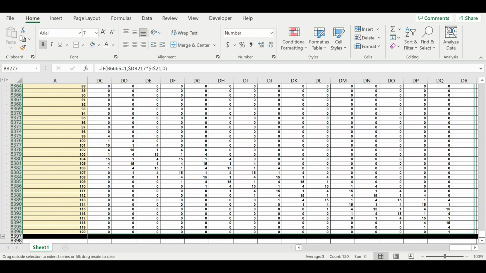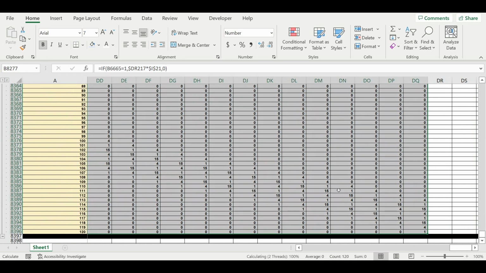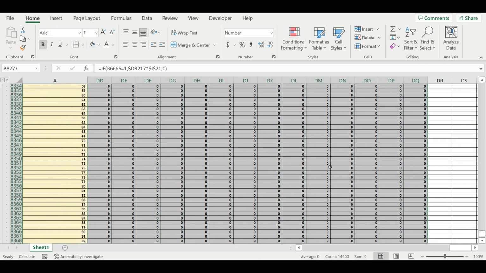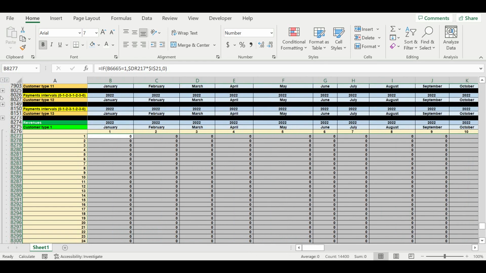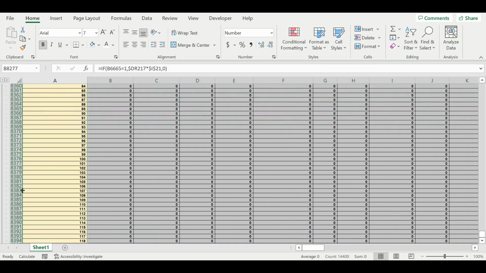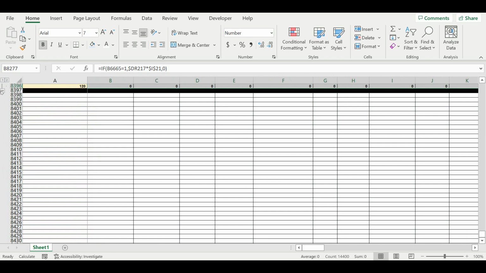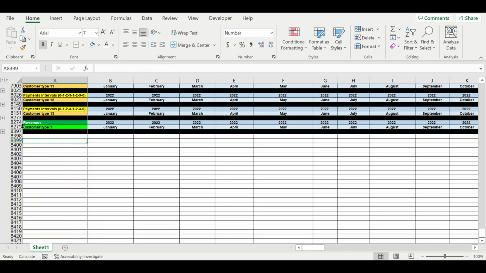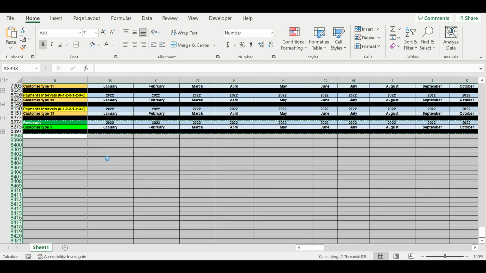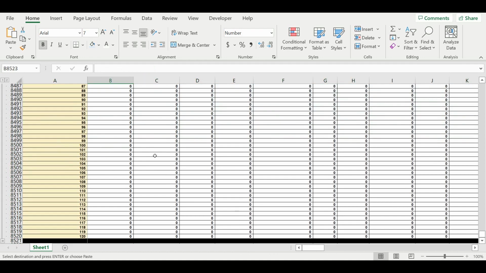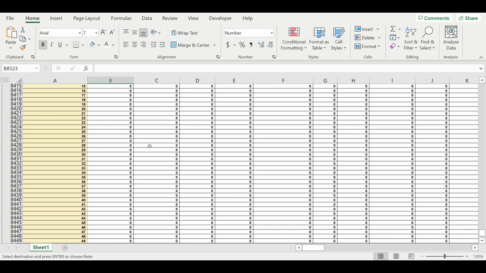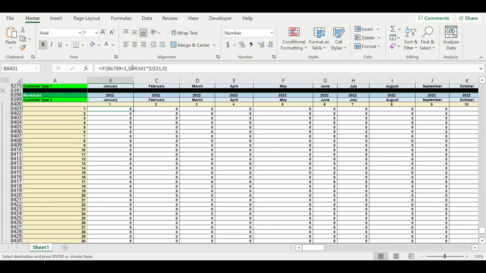So here we see zeros, but if we go to the second type of customer, here we have $20.